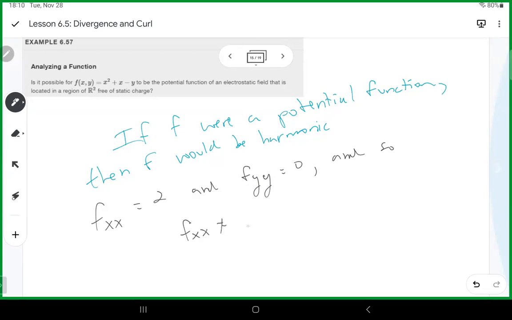And so, oops, this is a plus. So therefore F is not harmonic and F cannot represent an electrostatic potential.